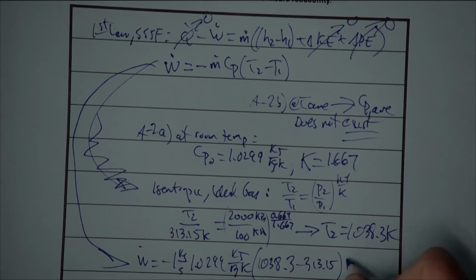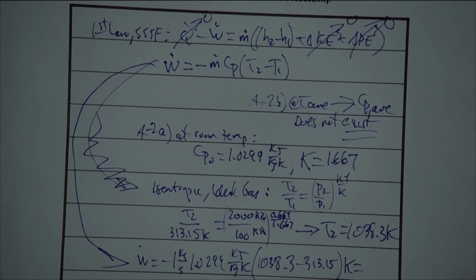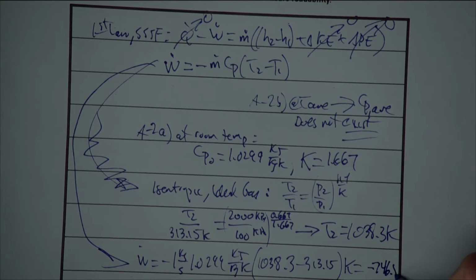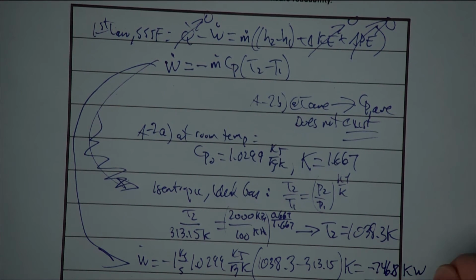I might as well just keep them. And we go through the mathematics. You can see we end up with kilojoules per second, which is the same thing as kilowatts. We get minus 746.8 kilojoules per second, or kilowatts.